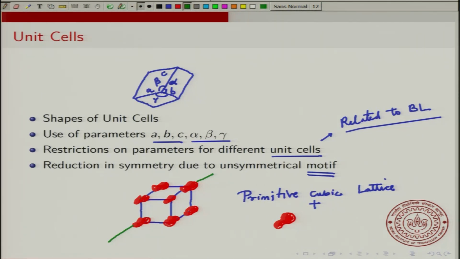So this is not a threefold axis anymore. So, even though the unit cell is cubic, looks like a cube, because of this unsymmetrical motif, it is not a cubic system.